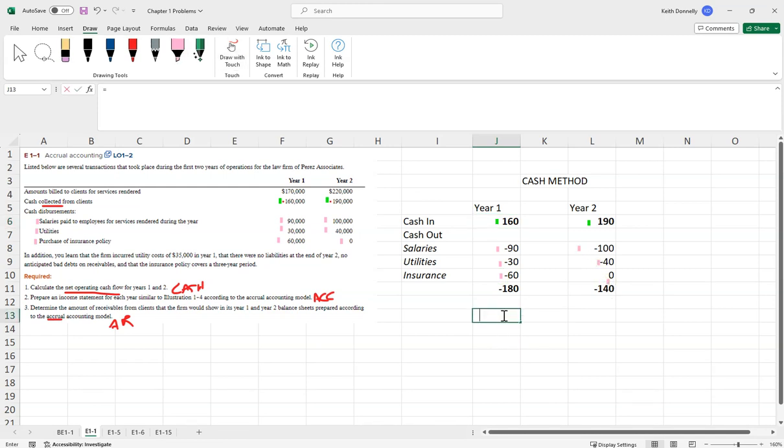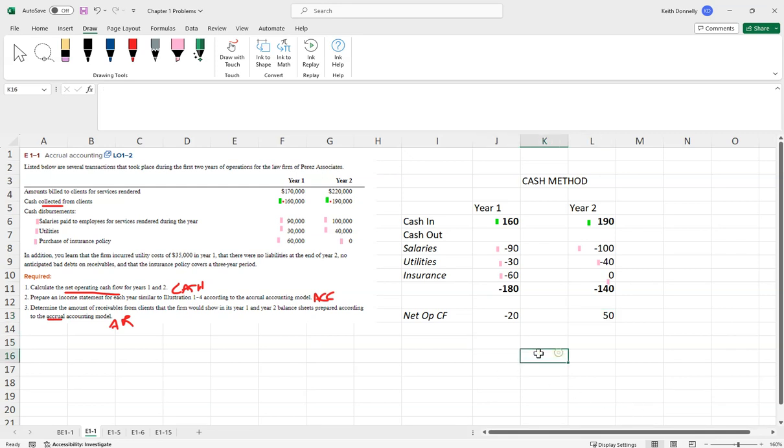If we take the inflows and net it against the outflows, we're looking at net operating cash flows, an outflow of 20, and if we copy that formula, an inflow of 50. Inflow is positive, outflow is negative. Pretty straightforward there.